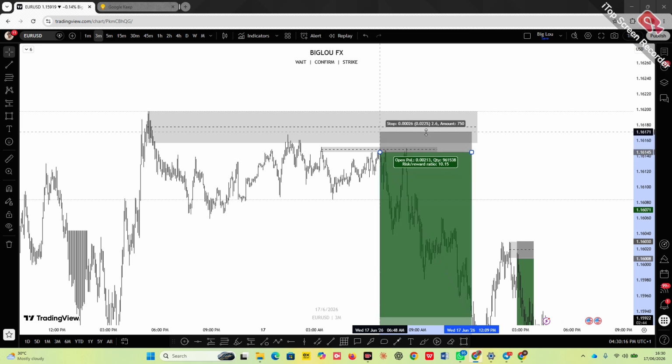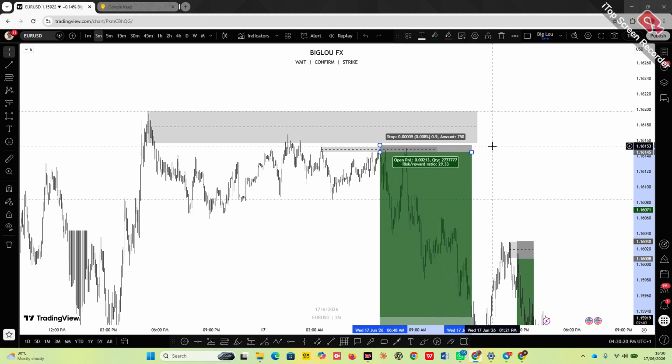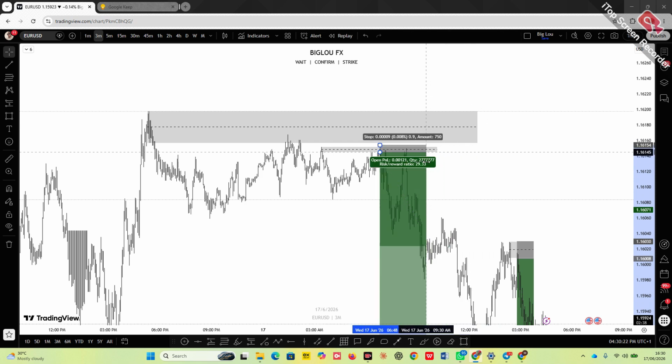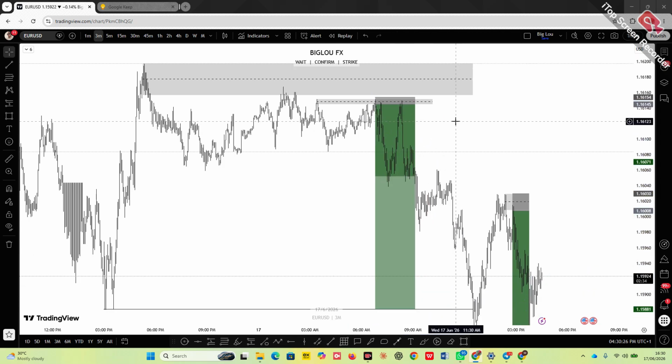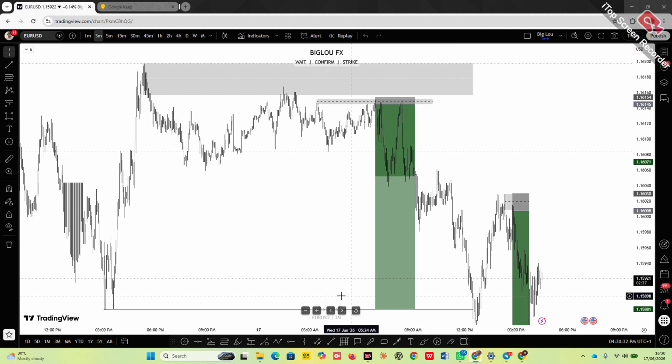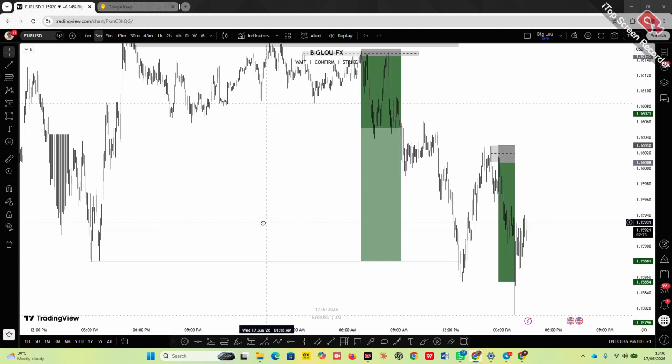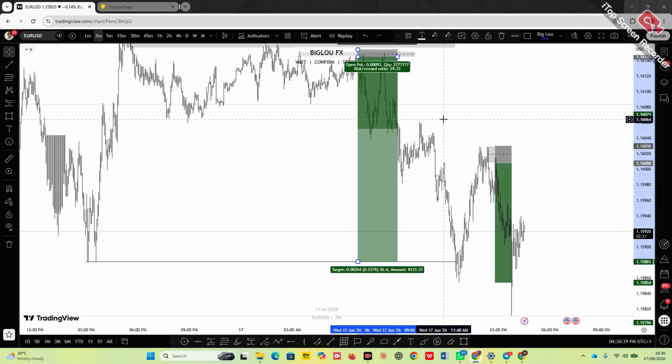Let's even say your stop loss is here. So your stop loss will be here, everything being equal. And what did price do? From 1 is to 5 or 1 is to 6, now you're trading 1 is to 29, still targeting the same equal low liquidity.